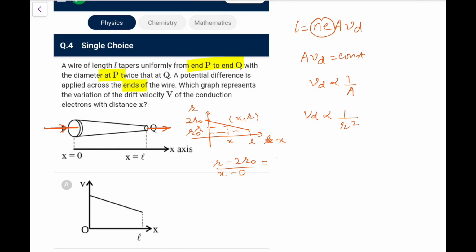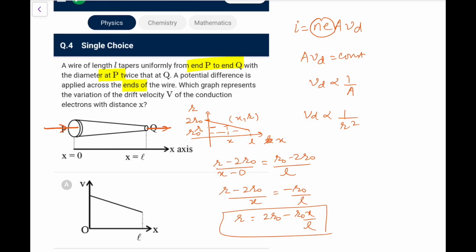The slope would be R naught minus 2R naught upon L. So R minus 2R naught upon x is equal to minus R naught by L. So R comes out as 2R naught minus R naught x by L.